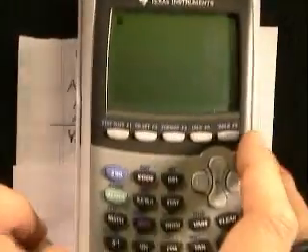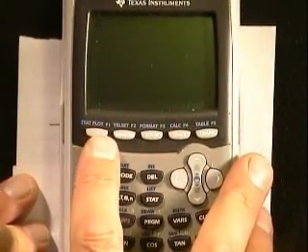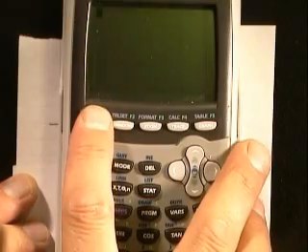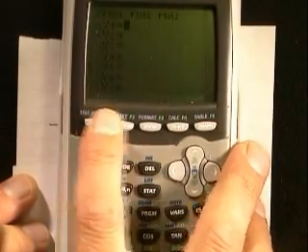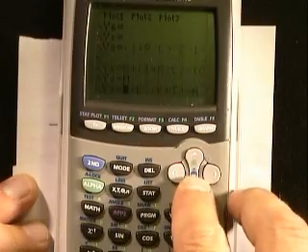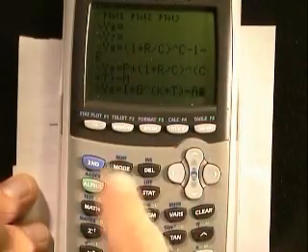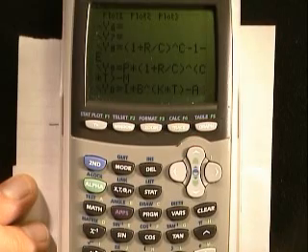So here we go. What's the first step? A lot of this is stuff that you should already know about using your calculator, so if you don't know, you're going to have to go back to some of the simpler how-tos. I'm pressing Y equals, going all the way down to the bottom, and entering that expression. Notice how I have actually 3 expressions in here.